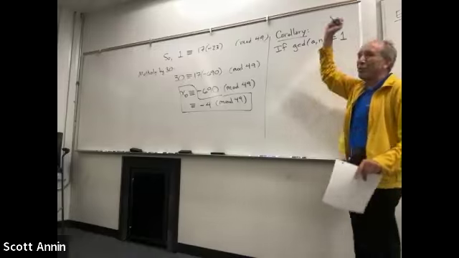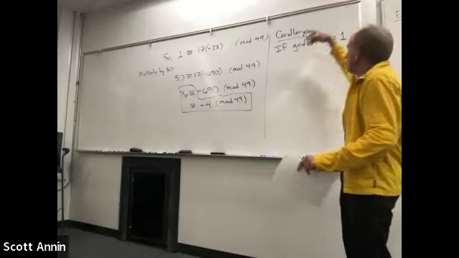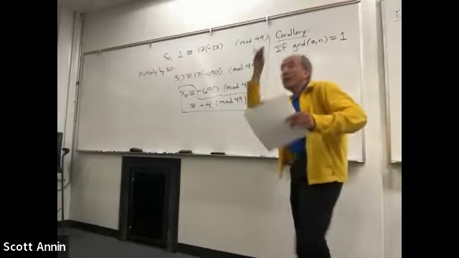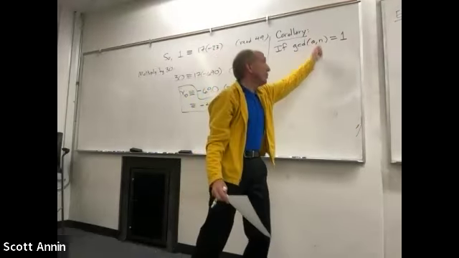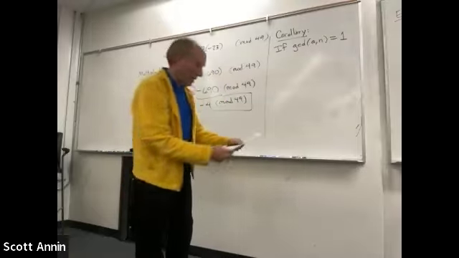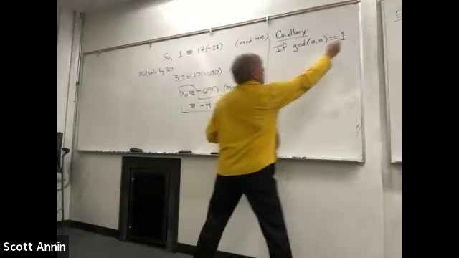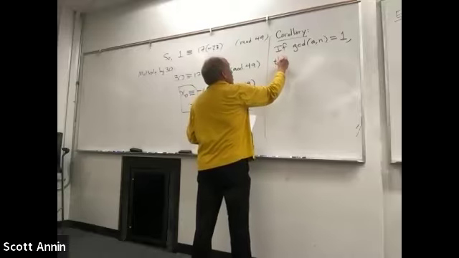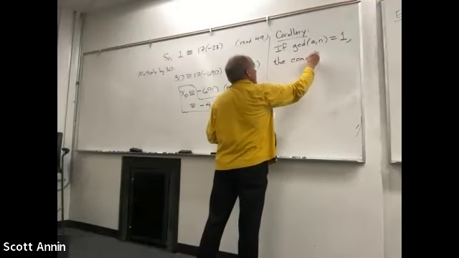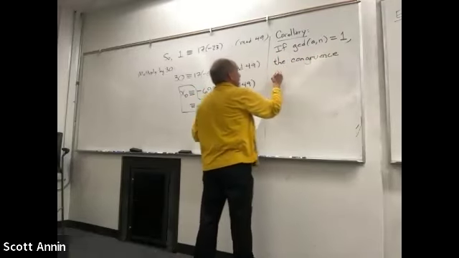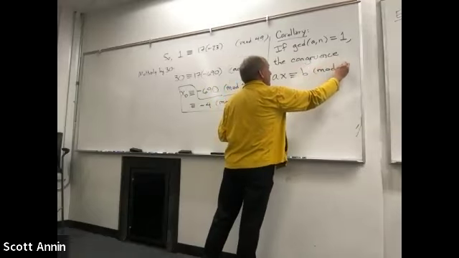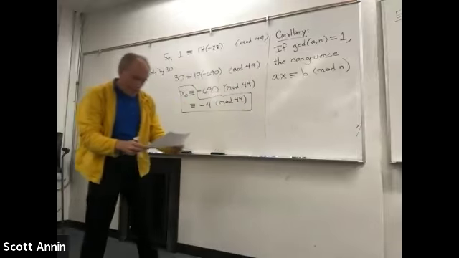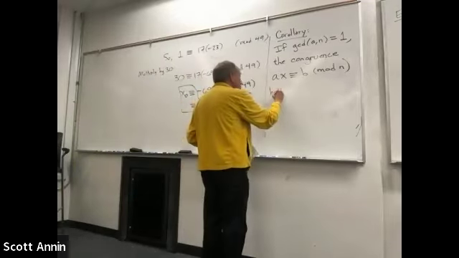Even if your original congruence isn't presented this way, you can fool with it by dividing through by whatever common factors you find so that this is already going to be true. And in that case, the congruence AX congruent to B mod N has a unique solution.